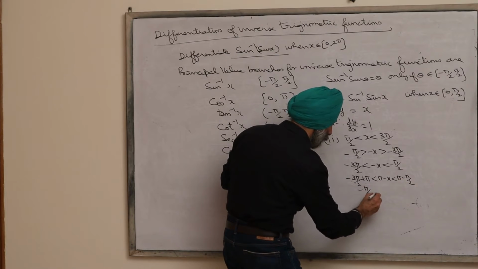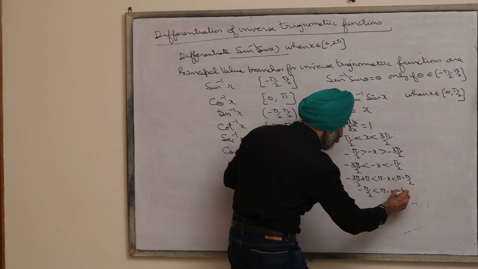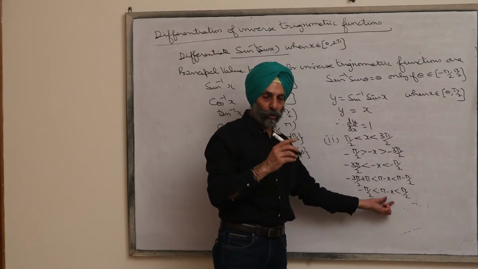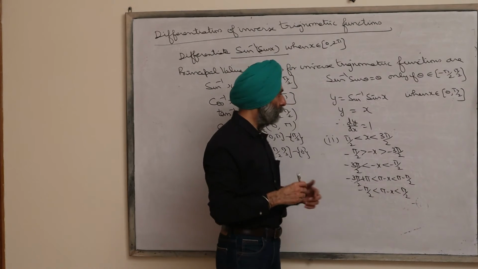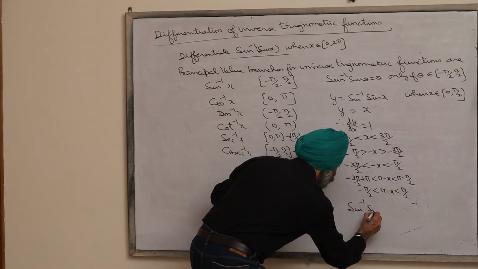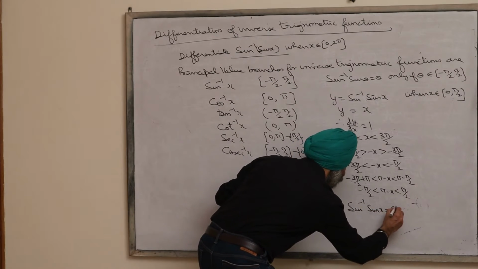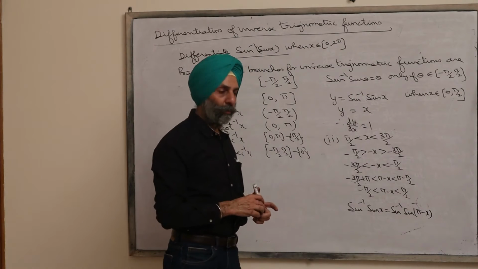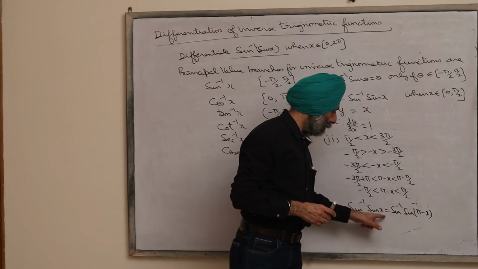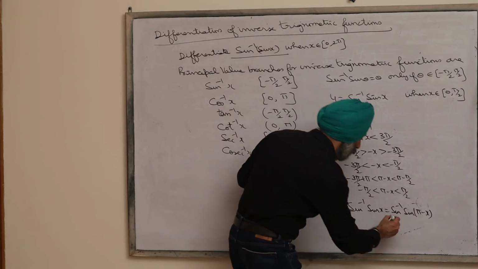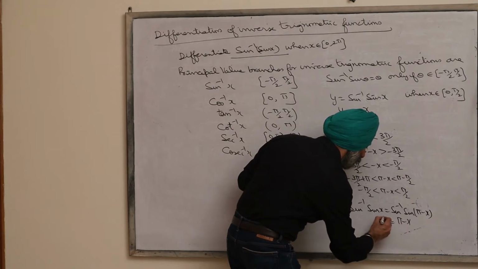That is, minus pi by 2 is less than pi minus x is less than pi by 2. Now this angle belongs to the principal value branch. Further, sine inverse of sine x can be written as sine inverse of sine of pi minus x, because sine of 180 minus theta is sine theta. This angle belongs to the principal value branch, so this is equal to pi minus x.